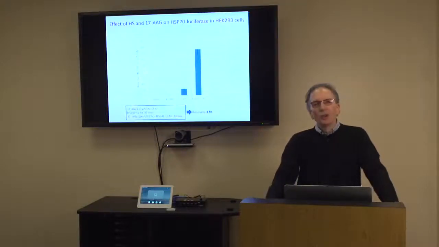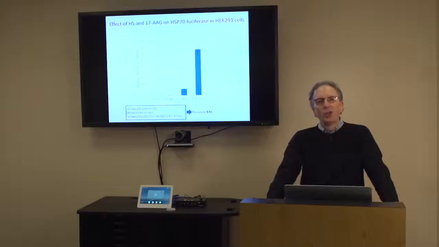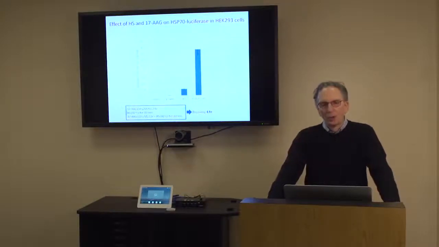So how can we explain what HSP90 inhibitors are doing to potentiate the heat shock response? A clue came from this experiment where we're looking at HSP70 reporter activity in cells treated either with 17-AAG alone, heat shock alone, or the combination. And then they're allowed to recover for 4 hours at normal temperature.